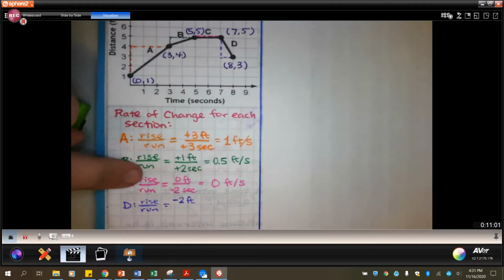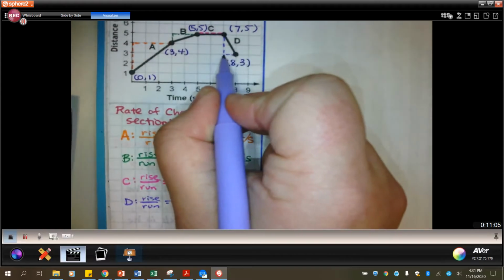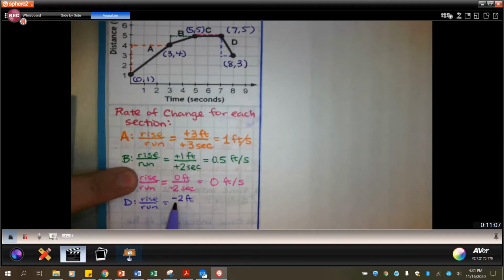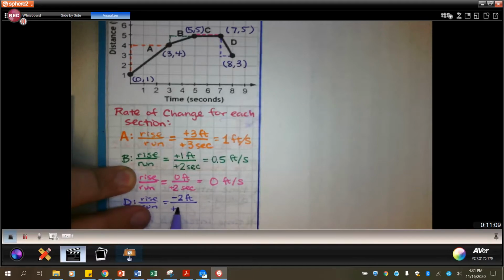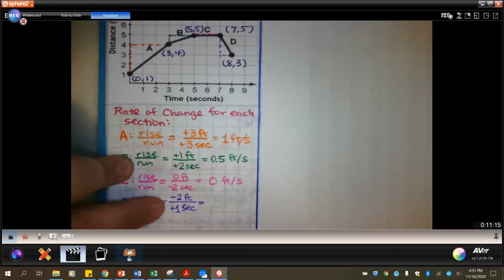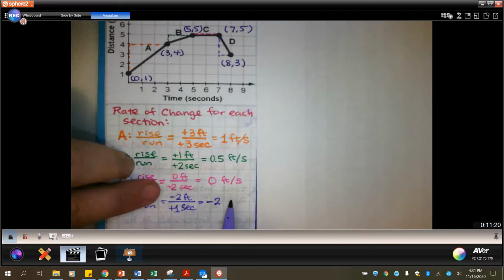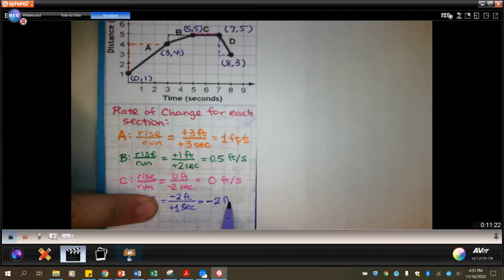That's why I've been writing plus this whole time, is because sometimes it's down. And then we still go to the right because you're always going from left to right. So this is going to be plus 1 second. Okay? So the -2 divided by 1, which you can use a calculator if you want, but that's -2, and then feet per second.